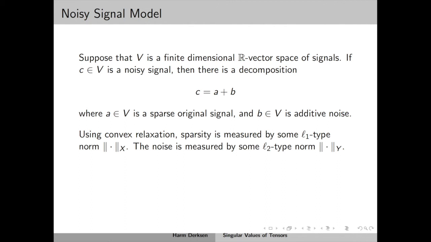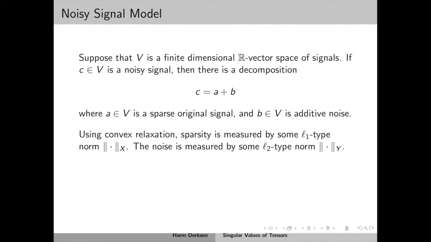Unfortunately, not every tensor has a diagonal singular value decomposition, but we can still say something. We can still define singular values, or something like it, or at least a singular spectrum.